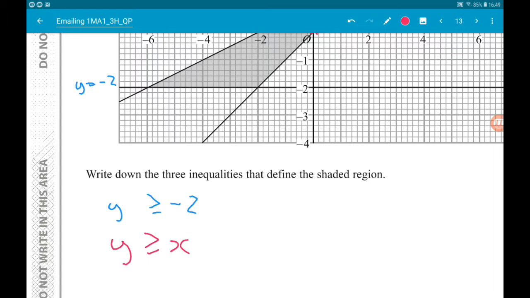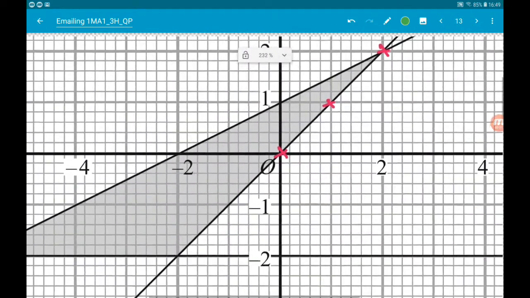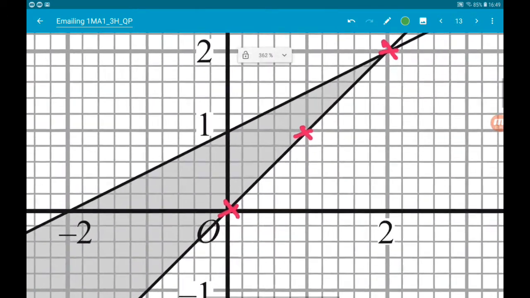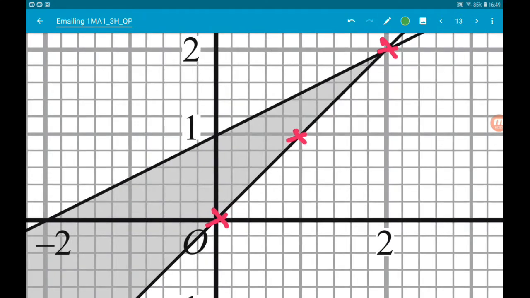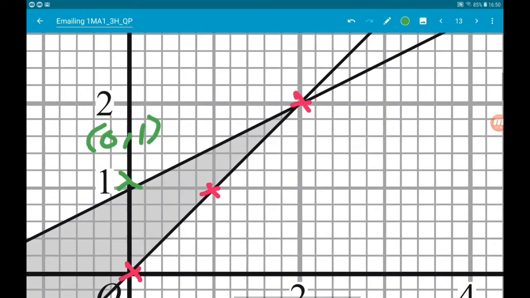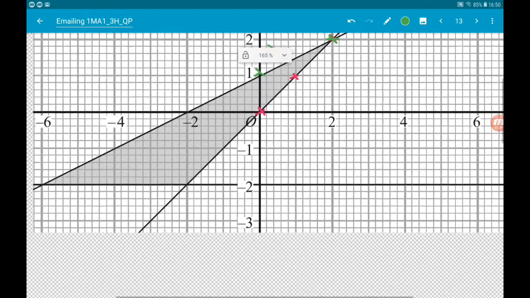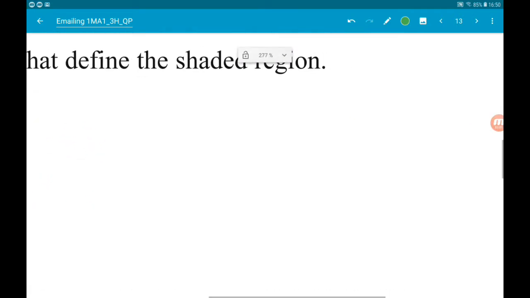Okay, then the third one, not so easy. So it goes through 0, 1. It goes through then 2, 2. Okay, so we need to find the equation of this line. So 0, 1 and 2, 2.